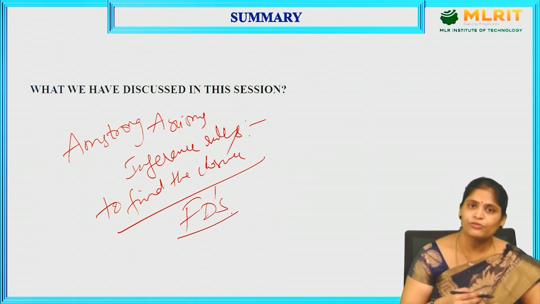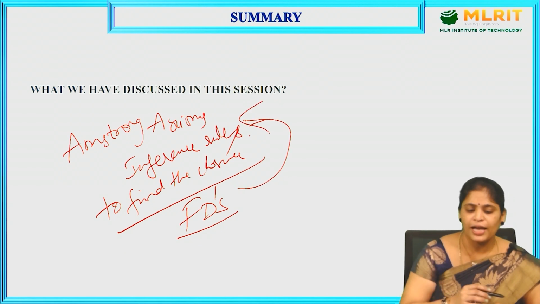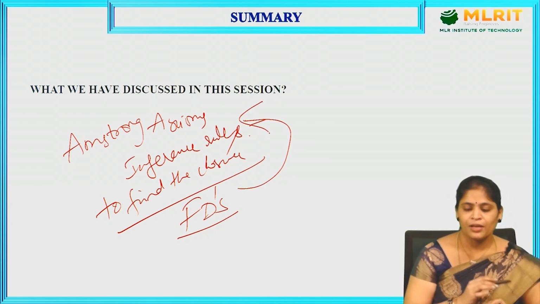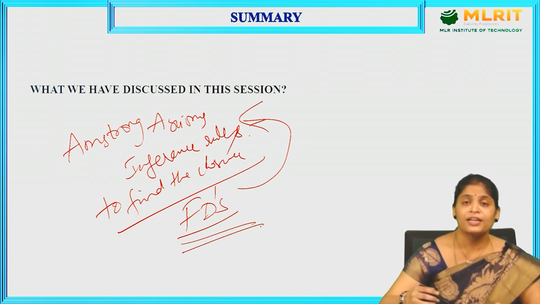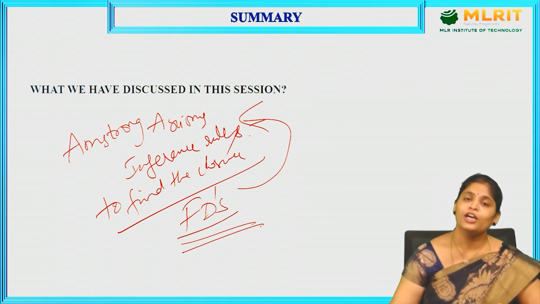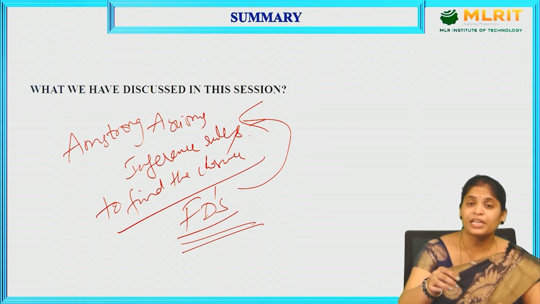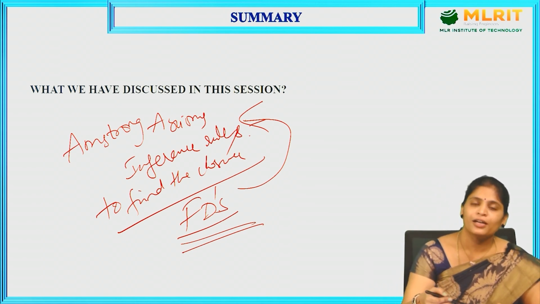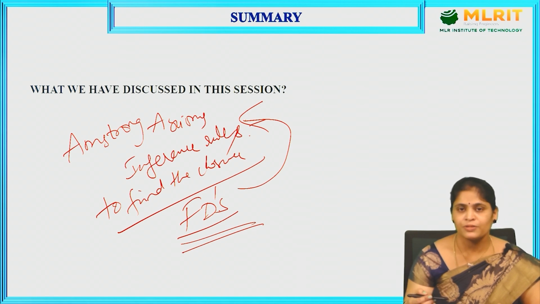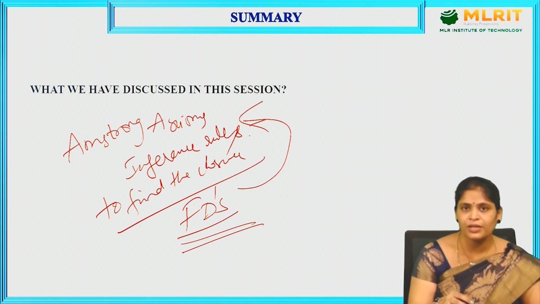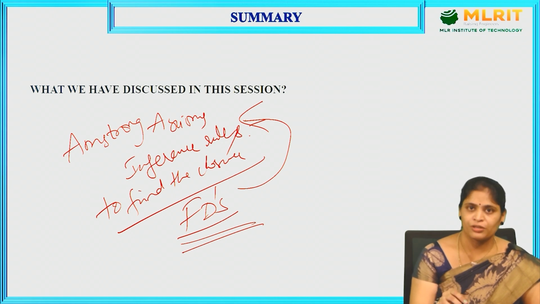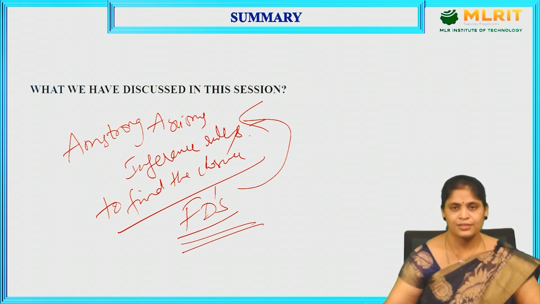How can we find out more functional dependencies? By considering these Armstrong axioms. So this is what we have discussed, and in the later session let us discuss normalization. These are the prerequisite concepts for discussing normalization. That is the reason we have discussed FDs first and how to find the closure of particular sets. Thank you.